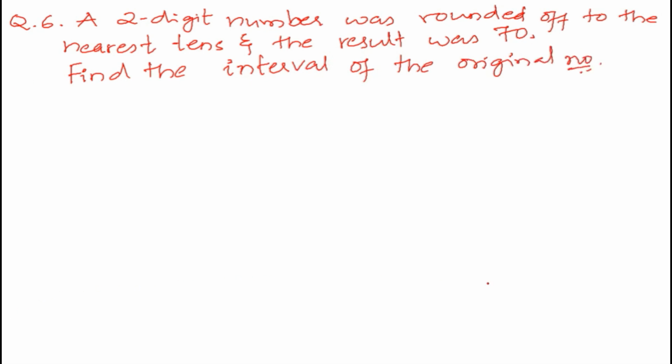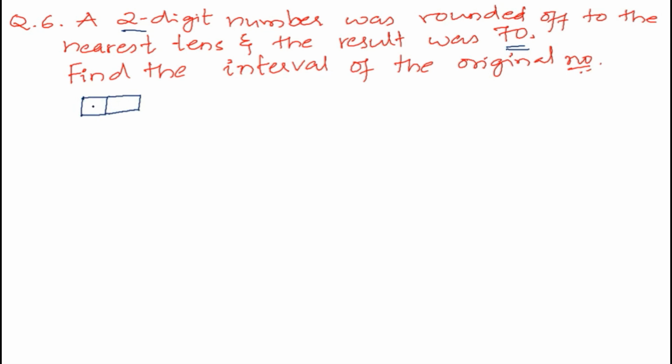Now, how do we find the original number? This is a 2-digit number. When it is rounded off, it has become 70. It means, let me consider these two boxes for those 2 digits.